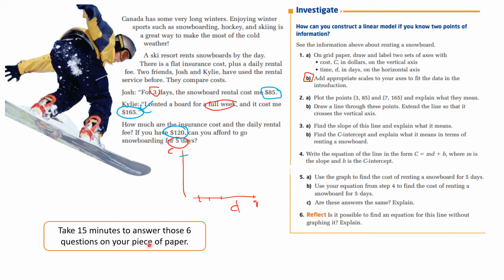Take 15 minutes on your own piece of paper. You're going to work through these questions and pause the video here. I'm not just going to sit here for 15 minutes. I'm going to stop, and then you're going to stop the video and then replay it in about 15 minutes. See how far you got, or longer. Take as much time as you need, and then come back and we'll take up the answers together.